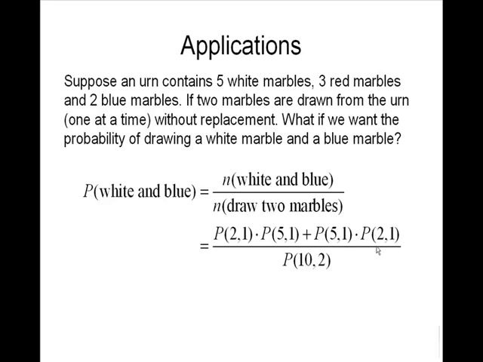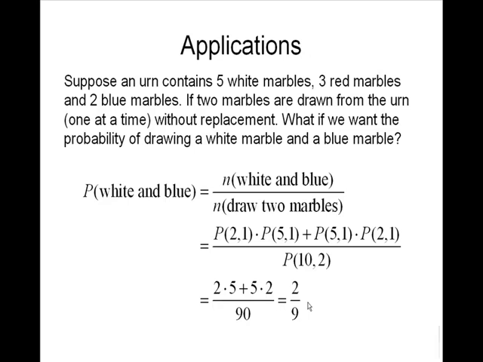Since order makes a difference, I have to do both ways here. And on the bottom we still have the permutation from the 10 marbles, we're selecting 2. So if I put those values in, I get 2 times 5 plus 5 times 2 divided by 90, which is 2/9.